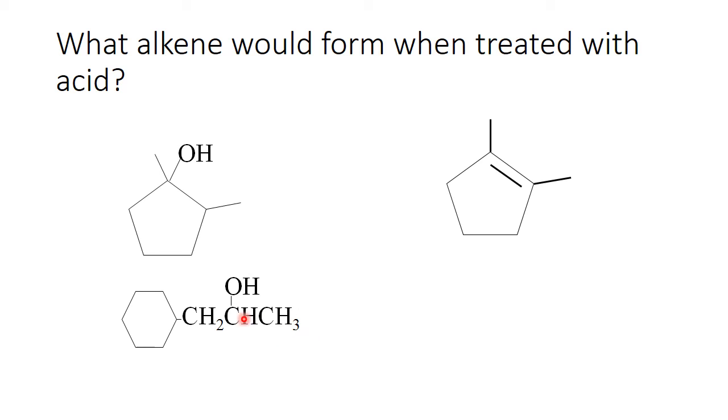If we go to this compound, we can see the double bond is going to have to be on this carbon and either extending to this side or extending to this side. Which way will it go? Well, if we take this hydroxyl off, and we're going to have to take a hydrogen off to form water, so we'll have to take a hydrogen from this carbon, and that would form a monosubstituted alkene.